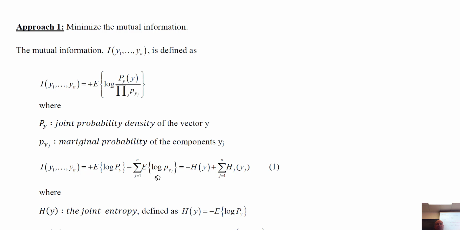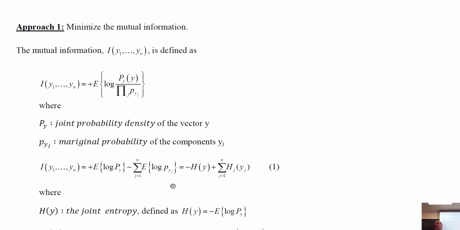This technical issue carries over, and then the expected value of the natural log of the joint is the entropy of the whole vector. You have a negative sign here, the expected value of the marginal, and we define this to be H, the entropy, defined upstairs. Then you have H of the whole vector Y, H_i for each one of the marginal outputs y_i, and you have the summation.